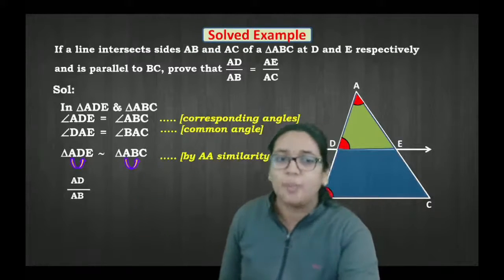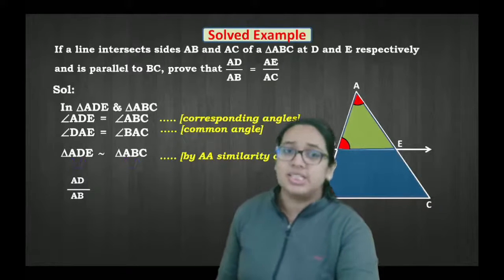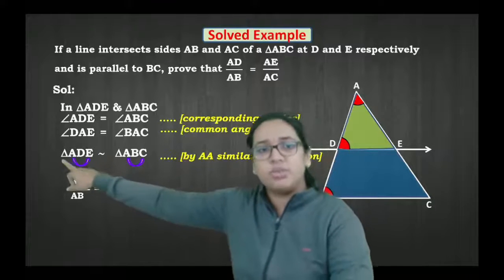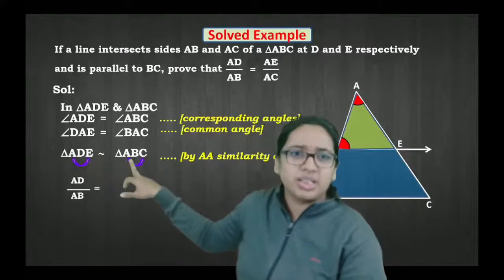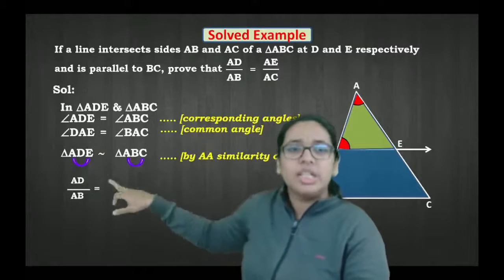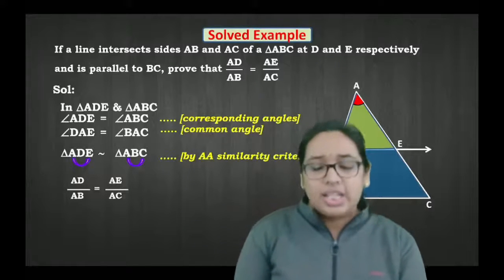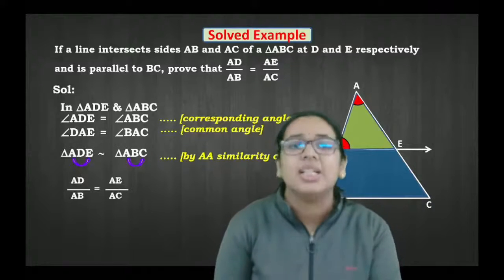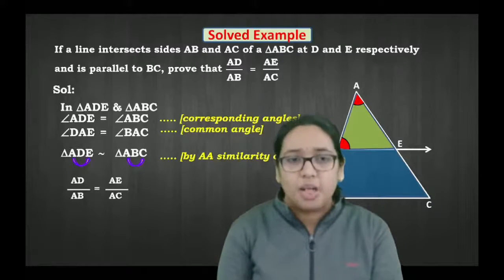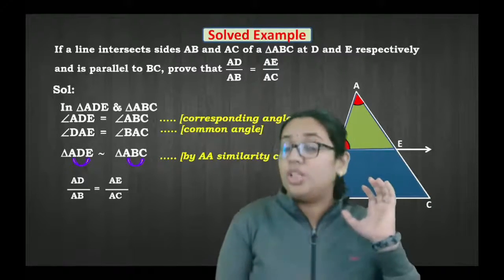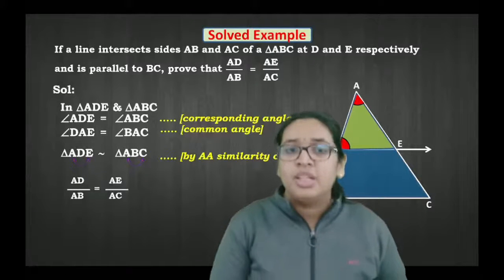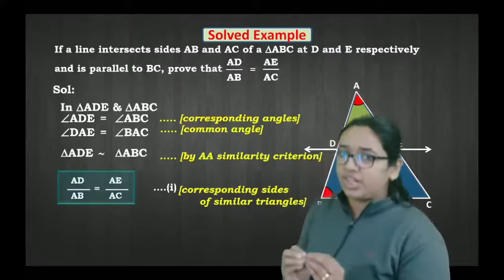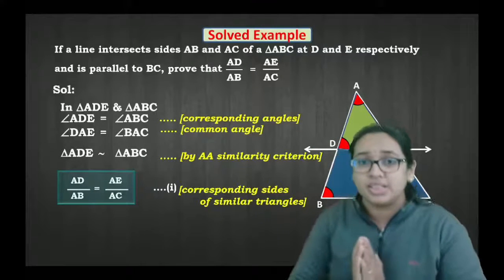So AD upon AB is same as first to third. If we consider the first vertex, first to third, that is I can say AE upon AC. It will be equal to this. AD upon AB is same as AE upon AC. Obviously, what will be the reason for it? That is corresponding sides of similar triangles, as we have discussed before.